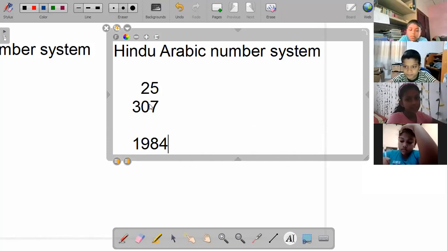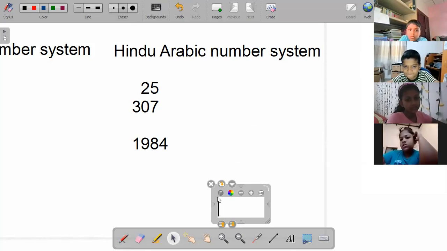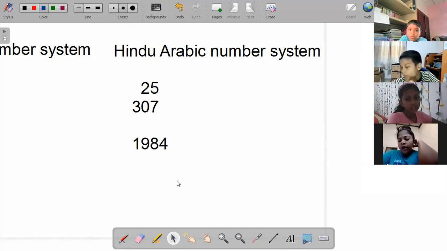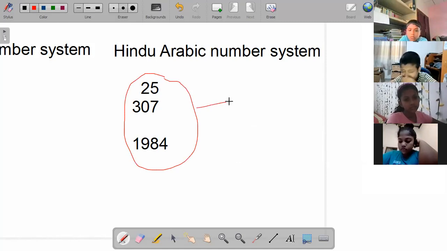These numbers are known as numbers. මේවට මොනවද අපි කියන්නේ? Numbers කියලා. These are the numbers. මේවට අපි කියන්නේ මොනවද? සංඛ්‍යා කියලා.